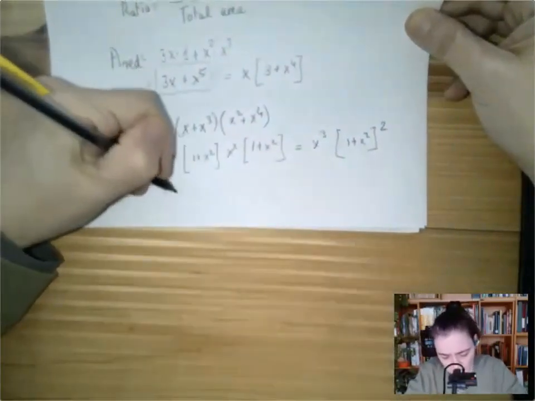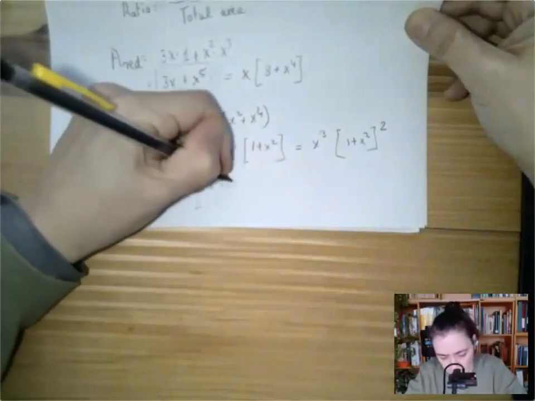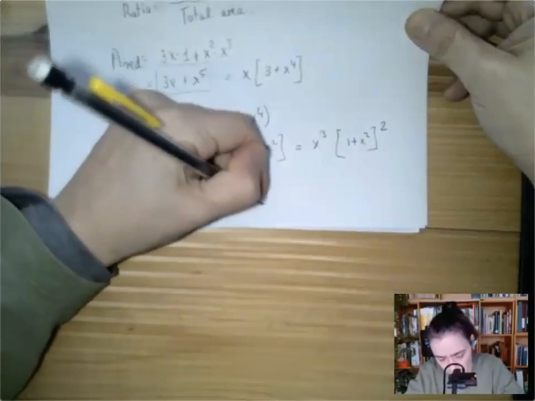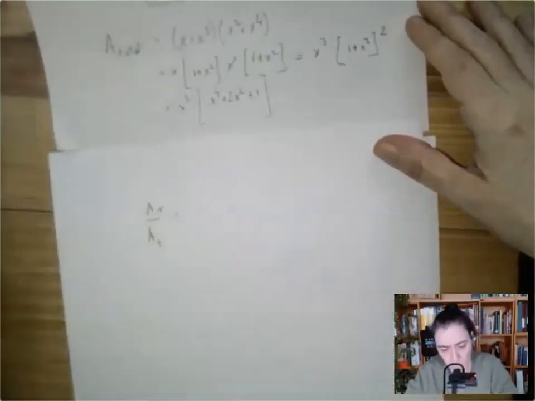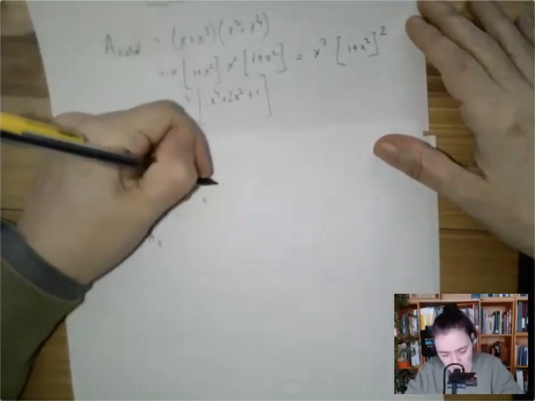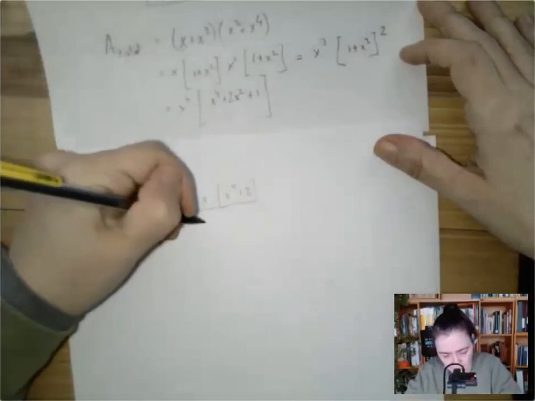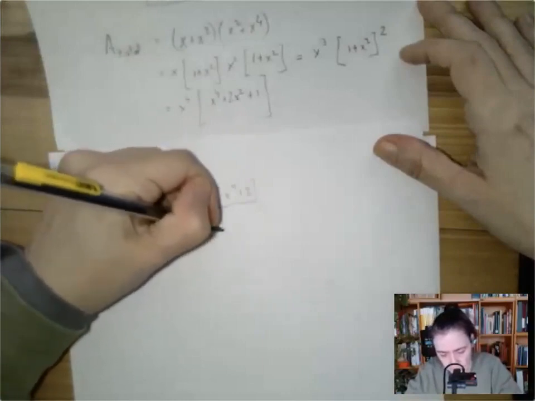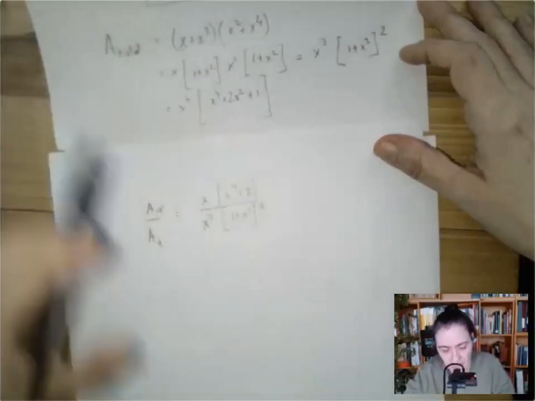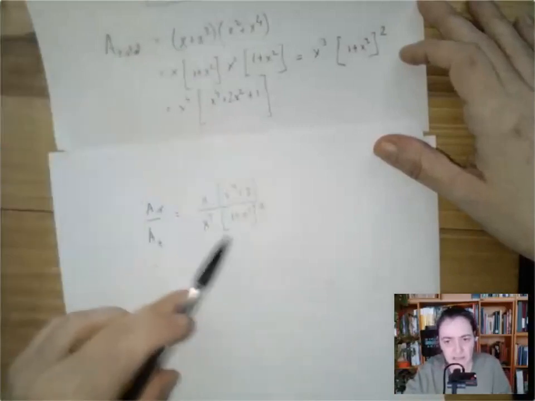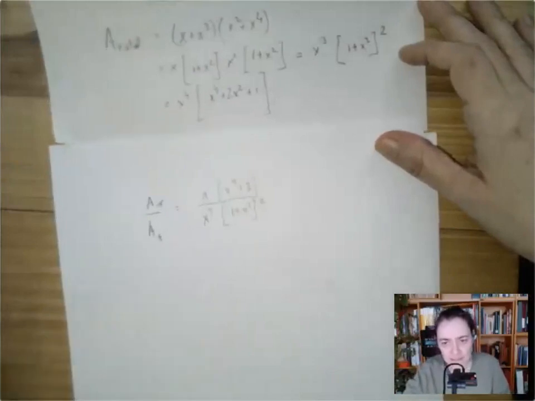And that's x cubed times x to the 4th plus 2x squared plus 1. So the ratio right now would be x times x to the 4th plus 3 divided by x cubed times 1 plus x squared squared. And I don't see any cancellation here. So it looks like we're not going to get the answer unless we figure out x.